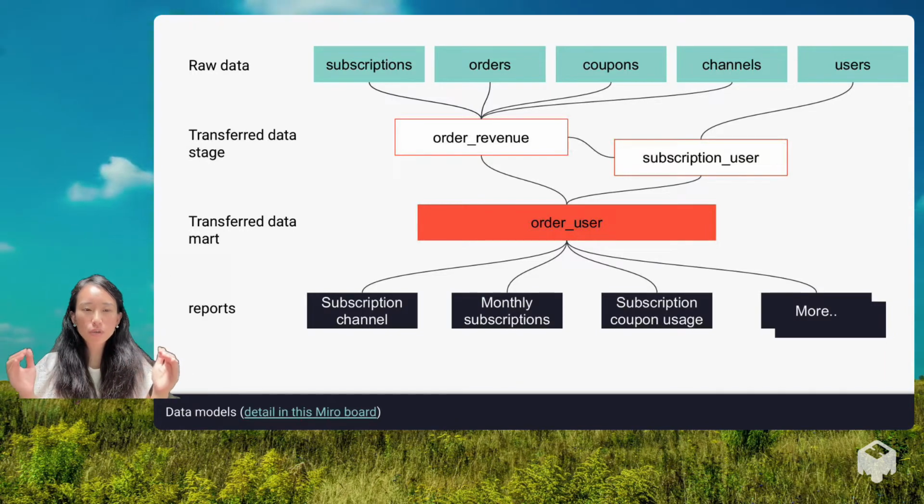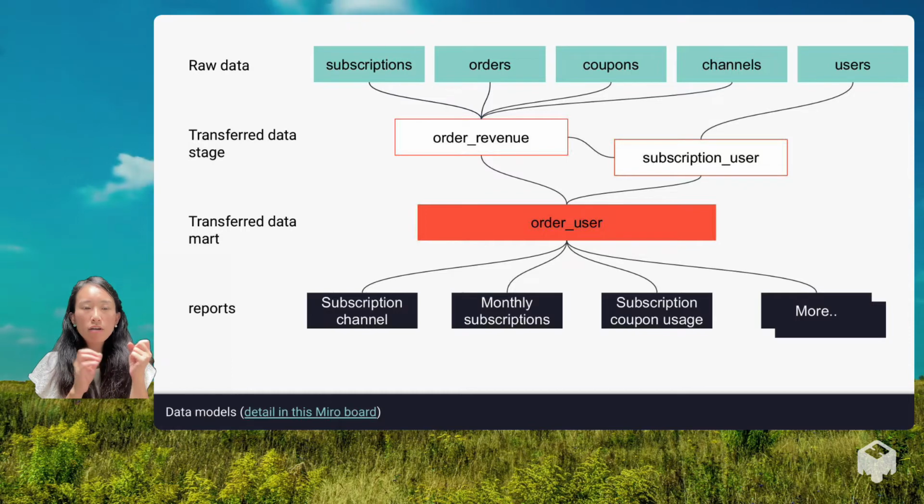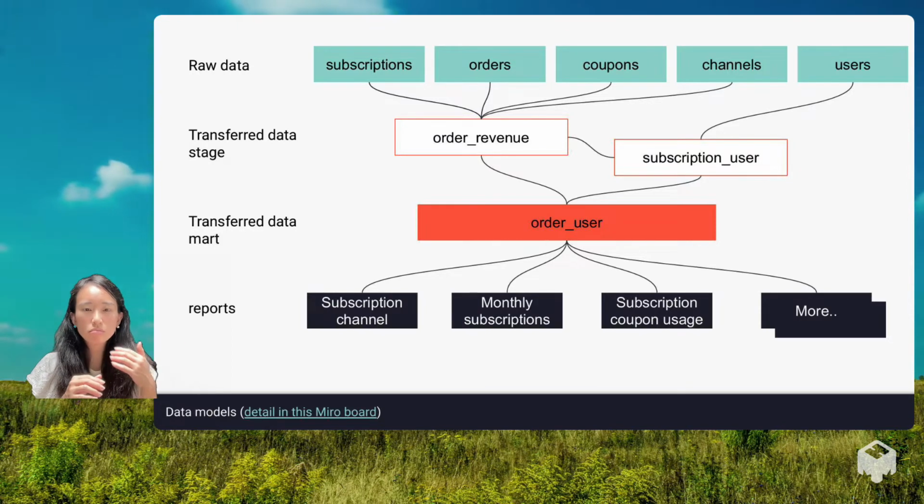From this order user table, we have every column, every detail about the orders: who bought this order, what subscription this order is related to, and if this user used any coupon, what the coupon name is, how much the discount is, where the order comes from, which channel, or what the user's device is. So we have all this information, and from this big table, this smart table, we can generate subscription channel, monthly subscription, and coupon usage, and even more.